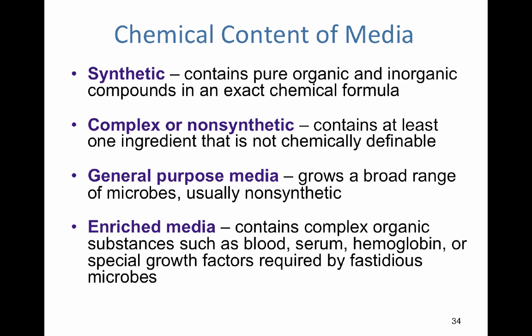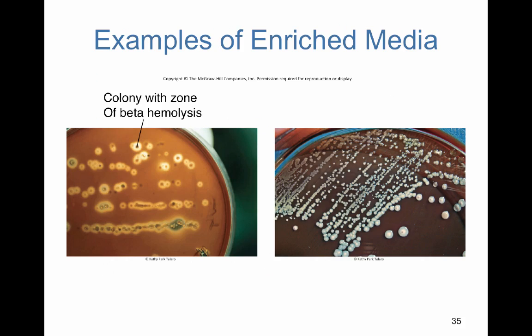We take them out of the gut and try to inoculate them into all different types of enriched media or general purpose media, and they just don't grow. Figuring out exactly what they need to grow can be a very tricky thing. There are some that even grow better in agar plates that have blood, for example.